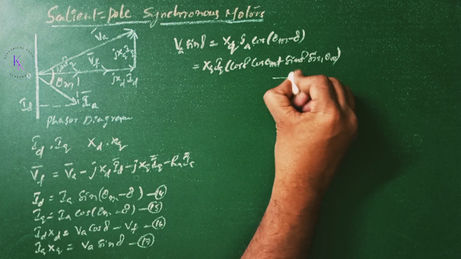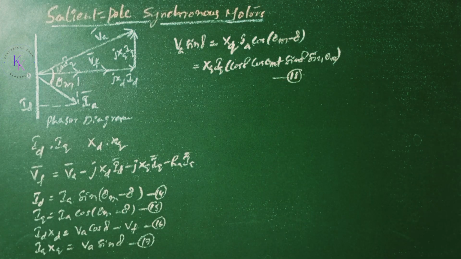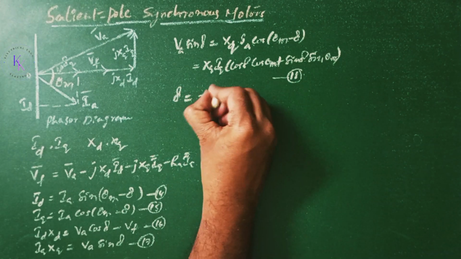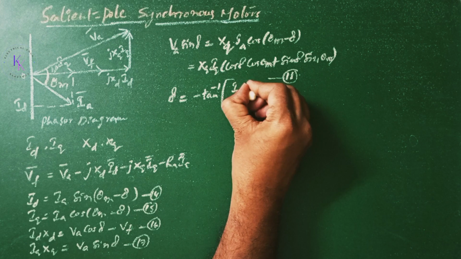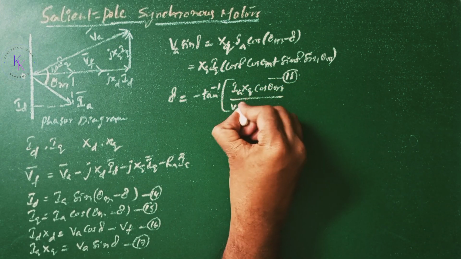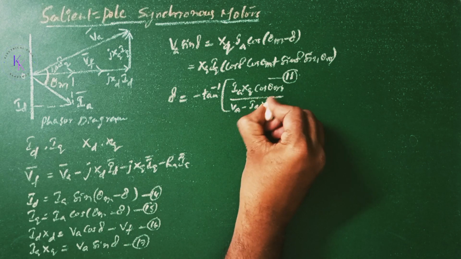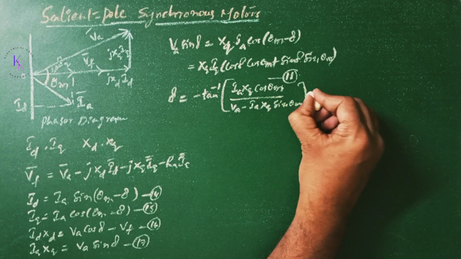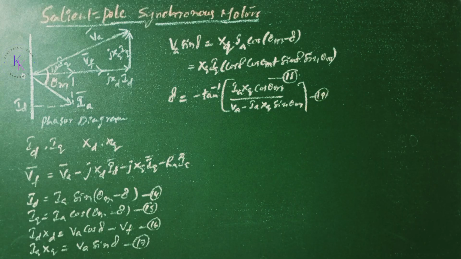Let it be equation number 18. Now dividing both sides by cos δ and solving for delta, we get delta equals minus tan inverse of Ia Xq cos θm divided by (Va minus Ia Xq sin θm). Let it be equation number 19, where the negative sign signifies that Vf lags Va.